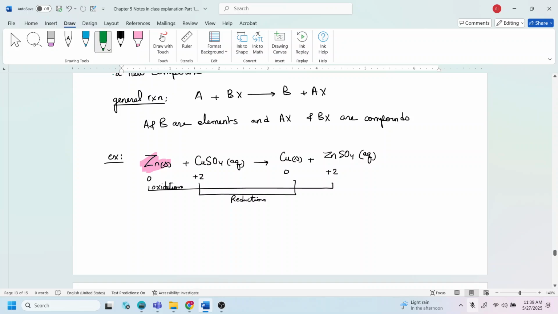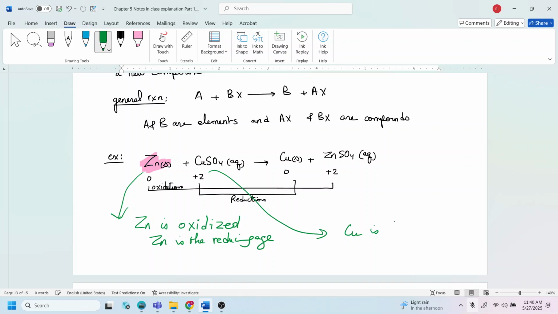So this is the term that we use. So we say that zinc is oxidized, and we say that zinc is the reducing agent.